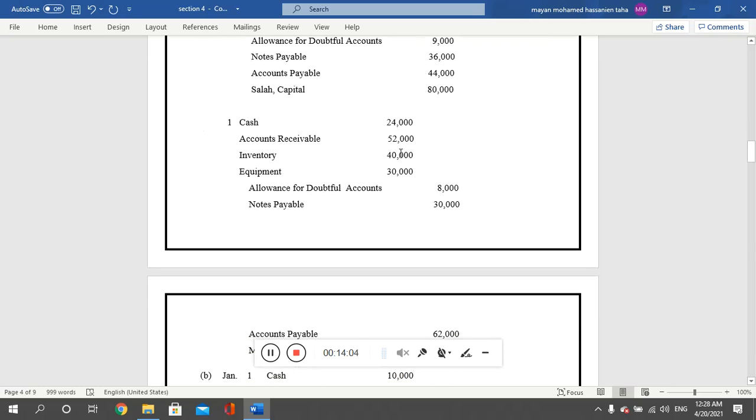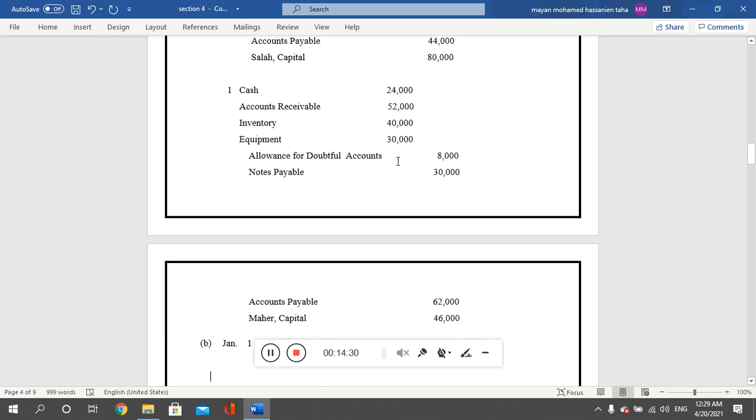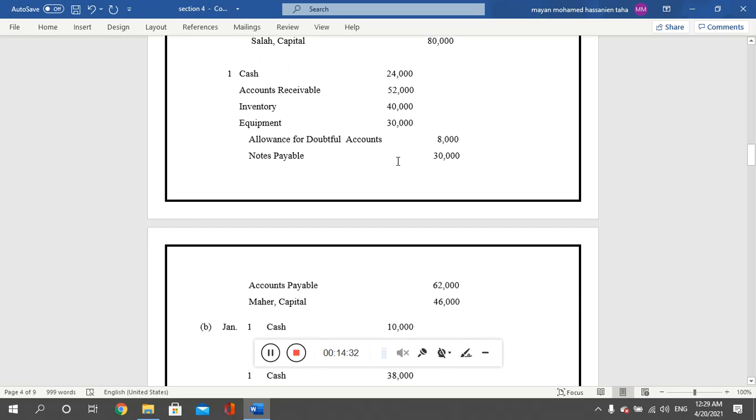So these assets will be transferred to the partnership and will increase the assets in the partnership, so they will increase in the debit side. Also Maher has an allowance for doubtful accounts of $8,000 after valuation, and liabilities: notes payable of $30,000 and accounts payable of $62,000. These items will increase in the credit side, not in the debit side.